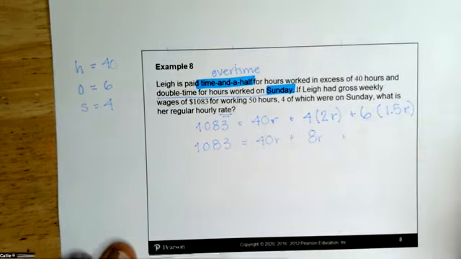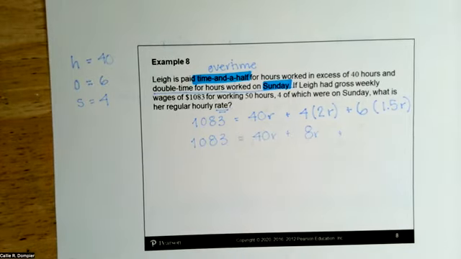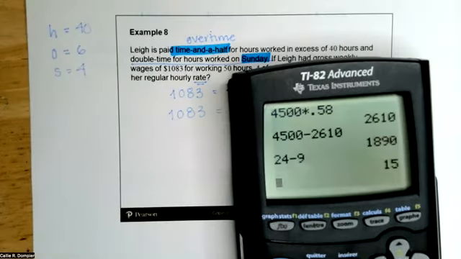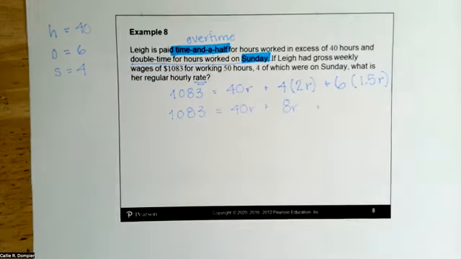Plus 6 times 1.5 is 9R. 1.5 times 6 is 9. Good.